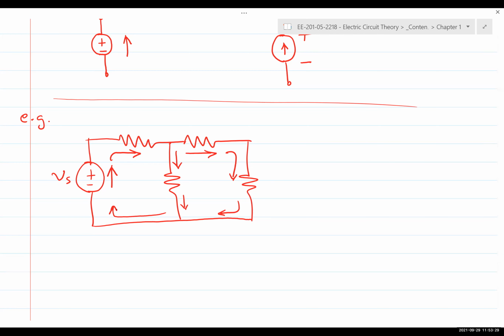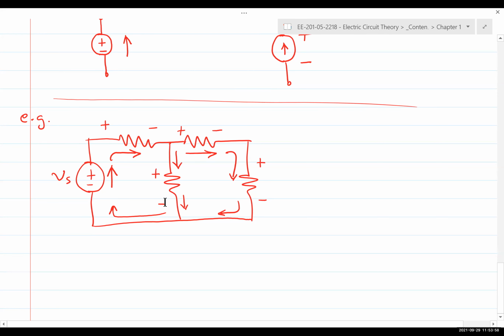So those are the logically assumed directions for the currents. Now, based on the directions of the currents, we can apply voltage polarities to all of these. Point of entry is plus, point of exit is minus, so it goes plus, minus, plus, minus, and so on. That's how we make the assumptions.